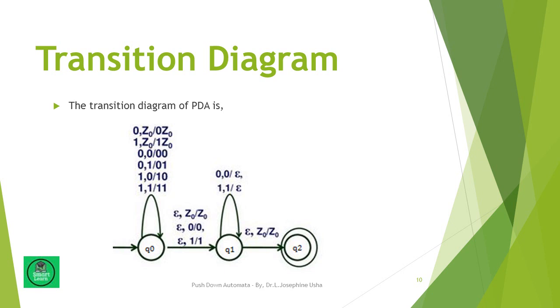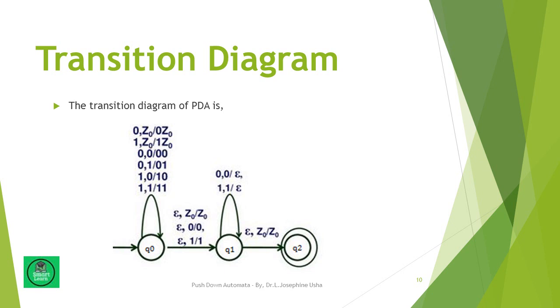In the Q1 state, these are the six transitions. Each label represents three things: the first is the input symbol, the second is the initial stack content, and after the slash is the stack content after reading the input symbol. So before and after the transition, that is the stack content, and it is represented using this.